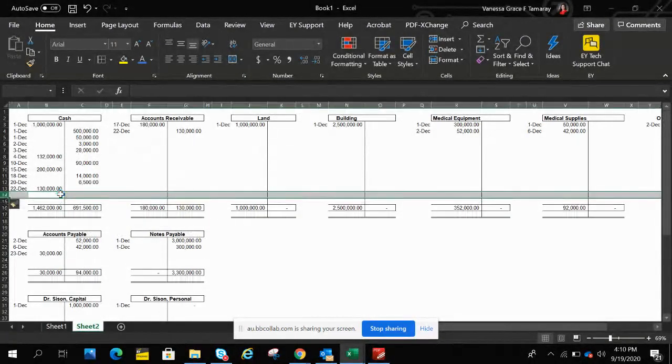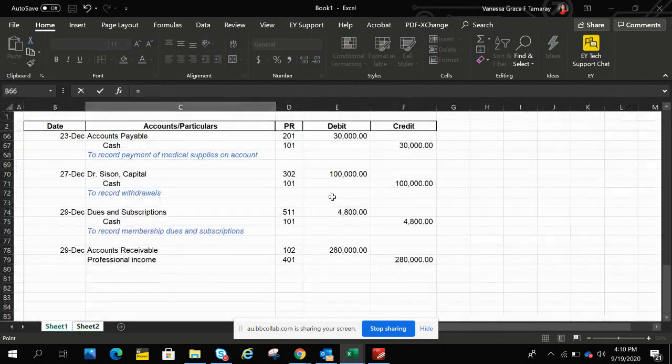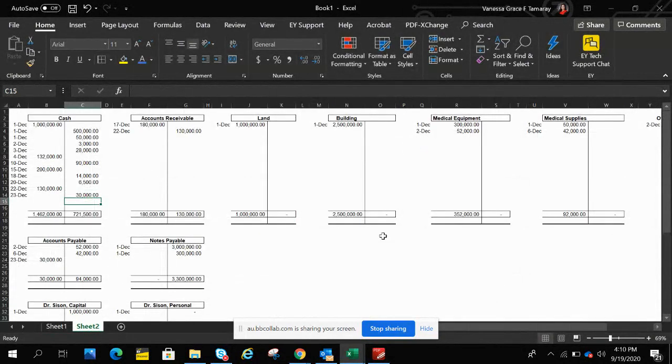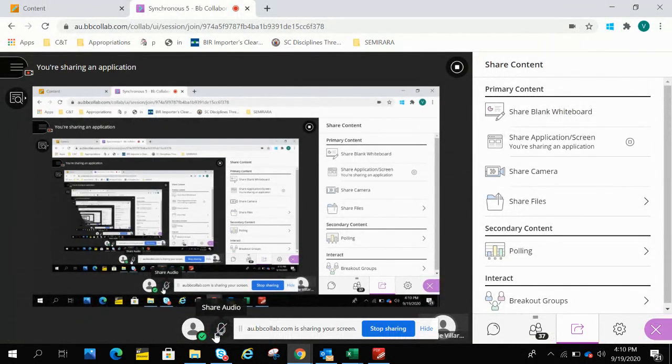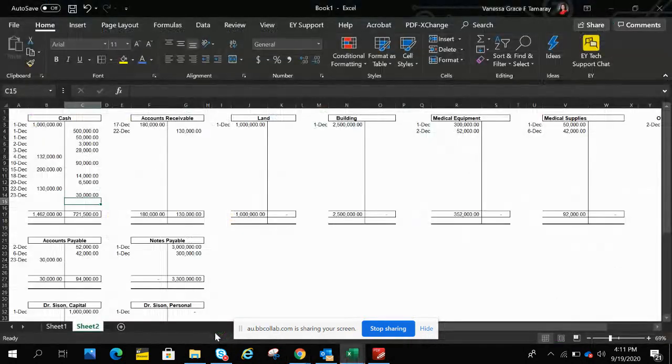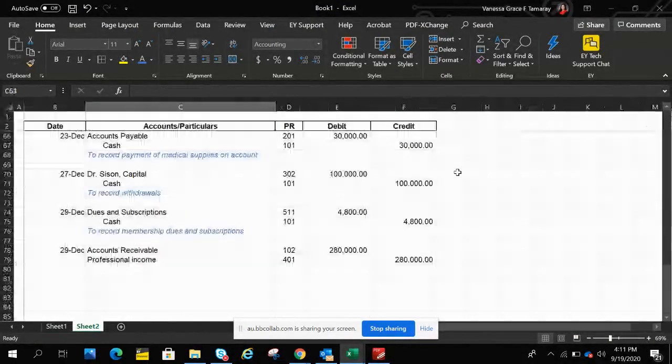And then, dahil nagbayad tayo, credit, 30,000 pesos.